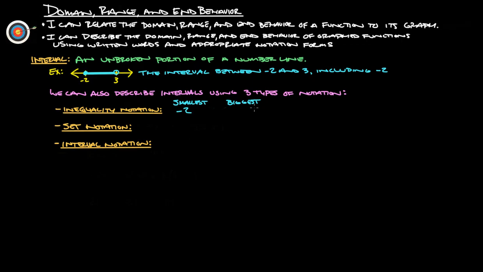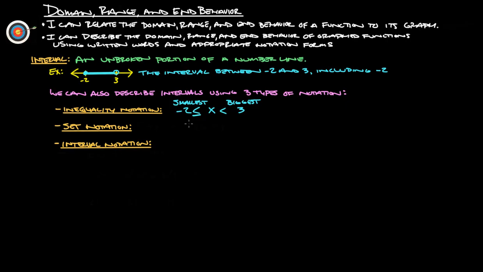The biggest it's ever going to be is 3, and we simply put an x in the middle. As long as you always go smallest to biggest, we will be able to use the less than signs. And since -2 is filled in, we would put an equals underneath that. And this here is our inequality notation.